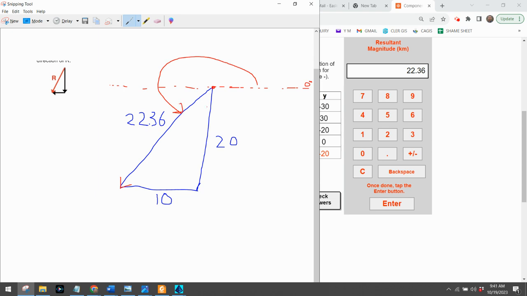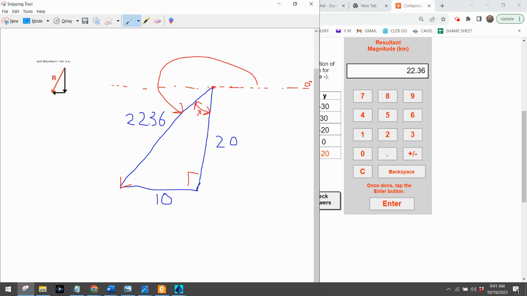The easiest way to do that is to solve this angle right here of this right triangle. As I've said before, we've got to be able to solve triangles. You've got to solve for this unknown angle right here.